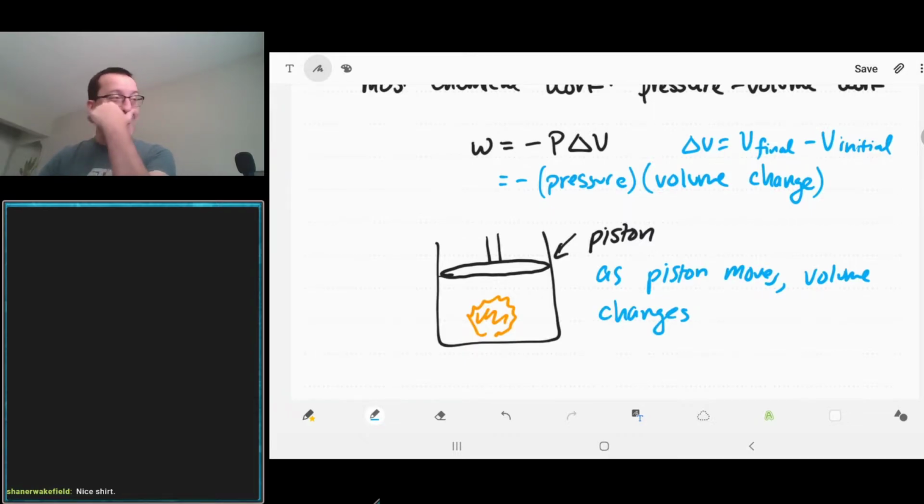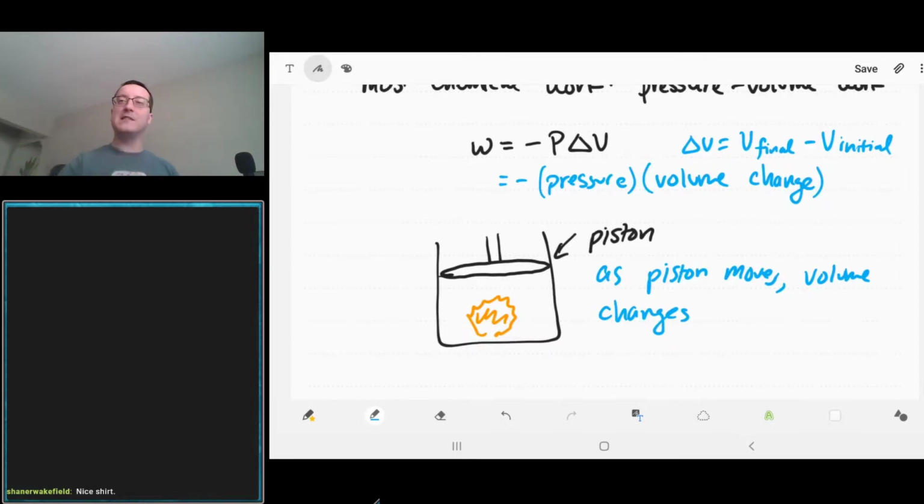The reason for that, as we're going to find out when we talk about gases, is that higher temperature gases cause a higher pressure. And we will find that the pressure will always try to equalize itself with the atmosphere. So in order to do that, it's going to end up moving this piston.